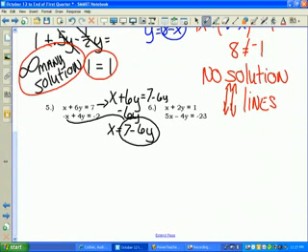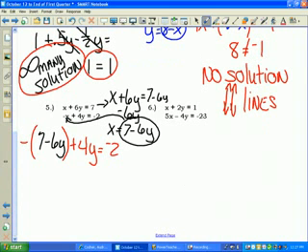This is going to be substituted in for x in the second equation. So when I write out the second equation, I have a negative parenthesis plus 4y equals negative 2. And inside that parenthesis, I'm going to write 7 minus 6y.